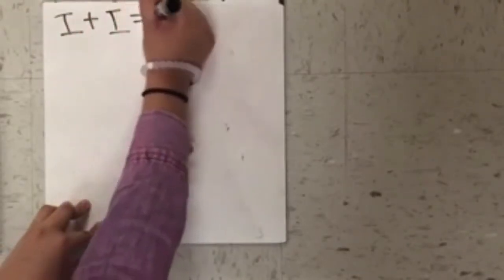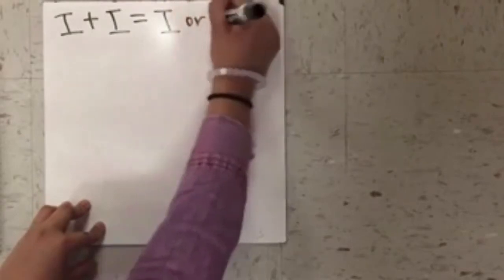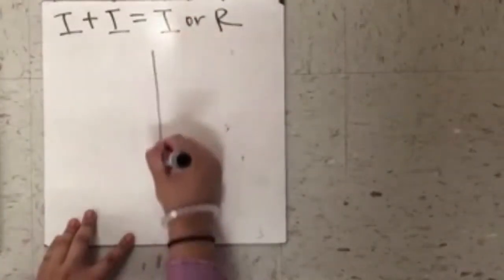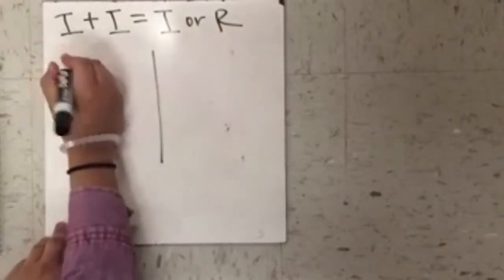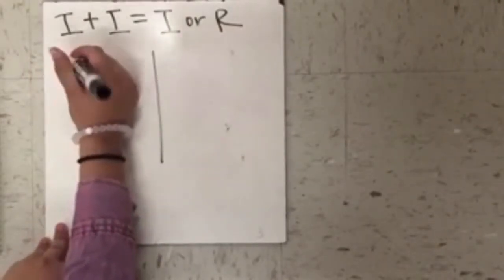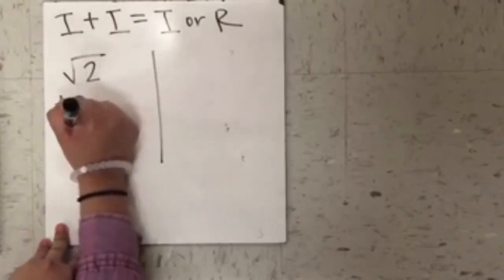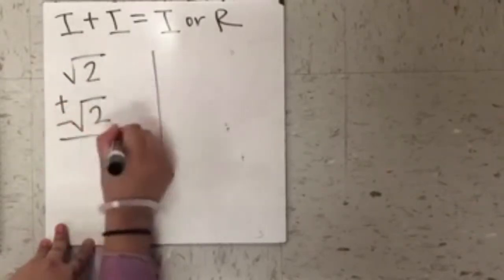Our next is irrational plus irrational, which can equal irrational or rational. And we have 2 square roots. We have the square root of 2 plus the negative square root of 2, which equals 0.